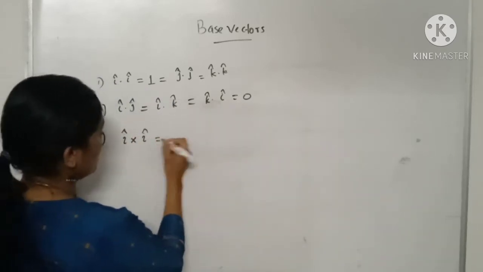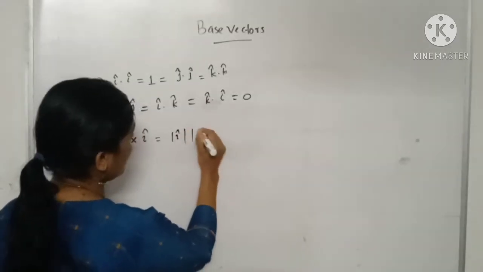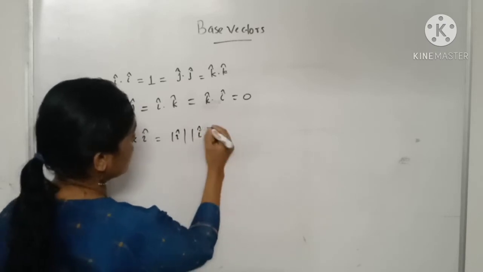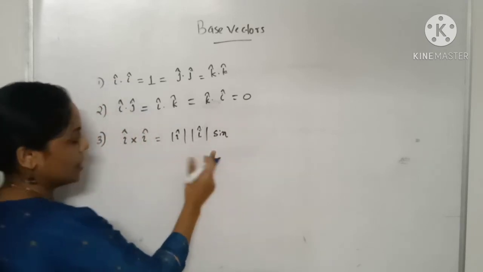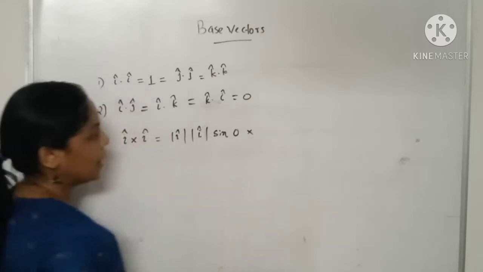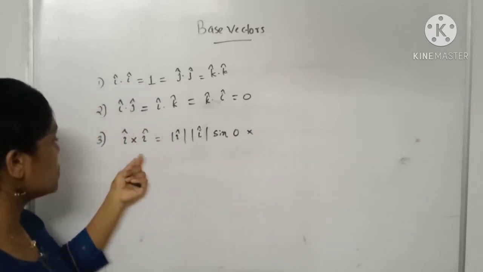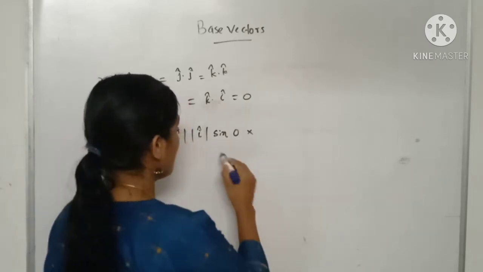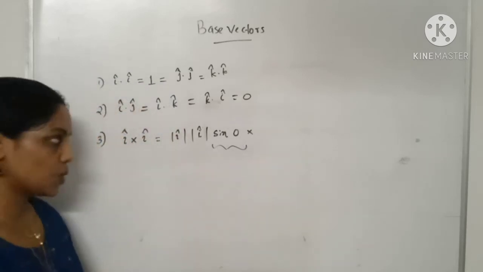i cross i is equal to modulus of i into modulus of i cap into sine of the angle between i and i, which is 0, sine 0, into the direction perpendicular to it, it may be j or k, but the angle theta between i and i is equal to 0.